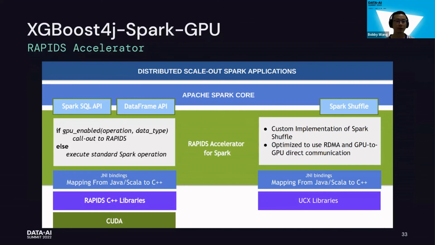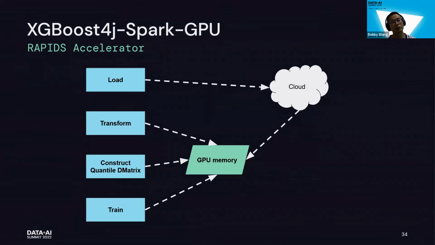The RAPIDS Accelerator not only speeds up the Spark SQL DataFrame API, but it also supports the Spark shuffle process. This slide shows how XGBoost is accelerated by the RAPIDS Accelerator.